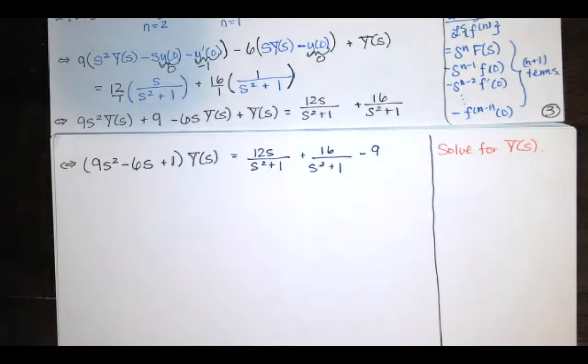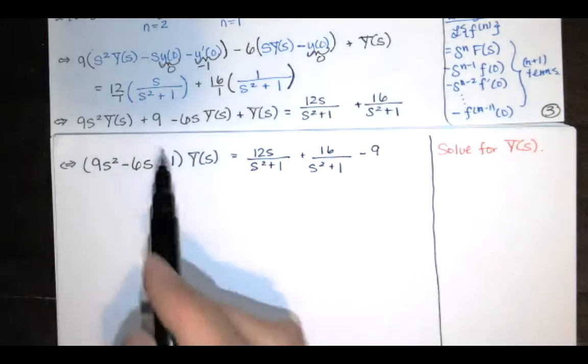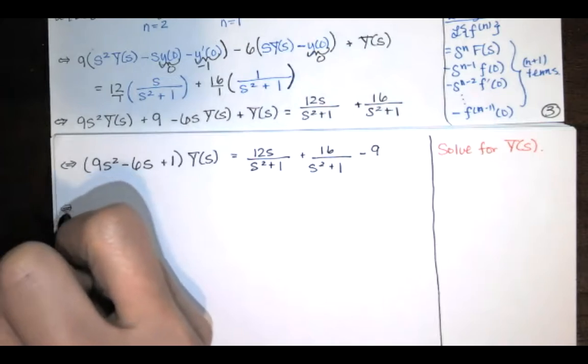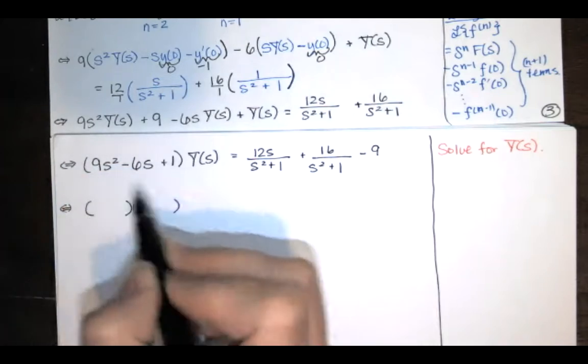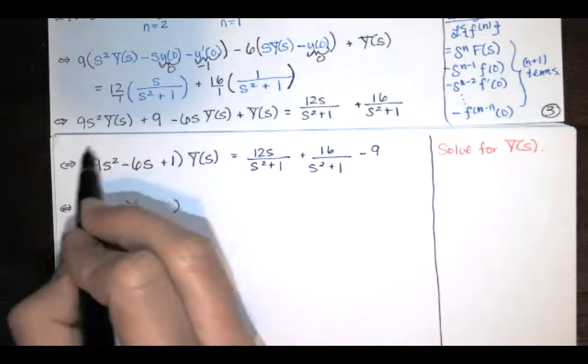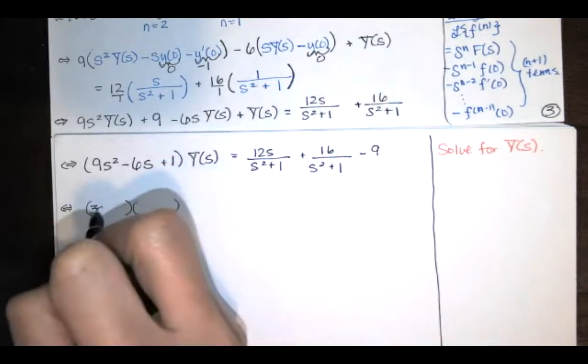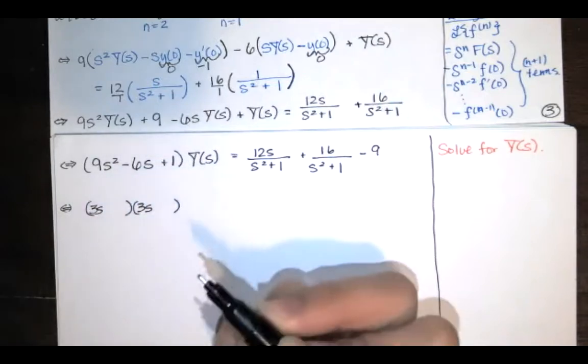Now this is easiest to compute the inverse transform of if we do a little bit of algebra first. This factors. I need the first times first product to be 9s squared. So I think I can use 3s and 3s here.